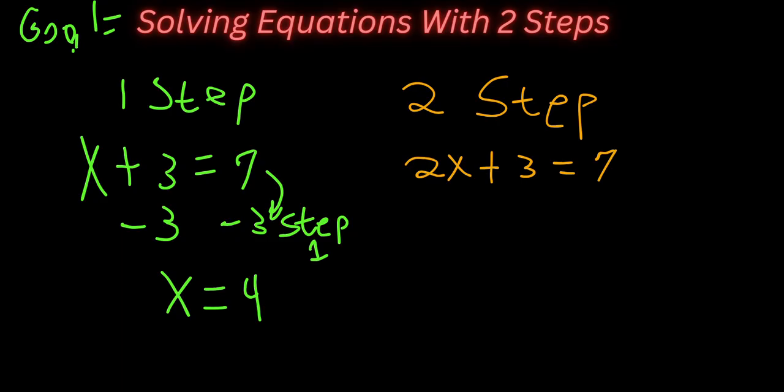So with two-step equations, that changes. You have to take multiple steps, 2 steps, but these 2 steps can be extended out and take multiple steps using the same strategies.